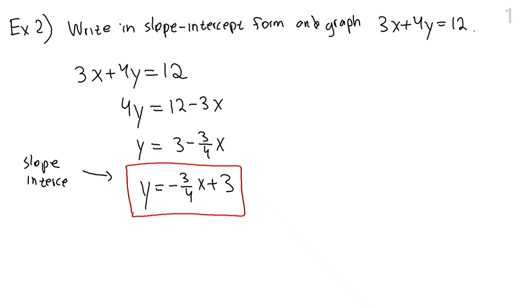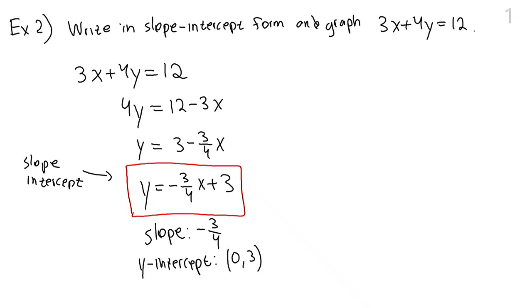Because we can find the slope and find the intercept from this form very quickly, the slope is negative 3/4, so the rise over the run is negative 3/4, and the y-intercept is the coordinate point 0, 3.